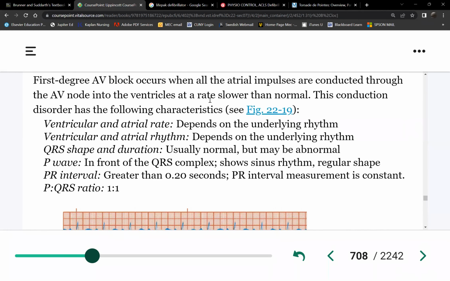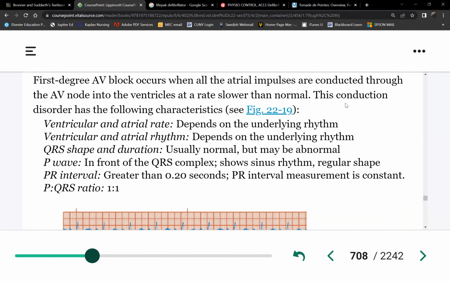This is pretty quick. The only thing wrong with a first degree AV block is the heart rate. The heart rate is low because the PR interval is longer than 0.2 seconds. Clear? That's why the heart rate drops, because the PR interval is way too long.